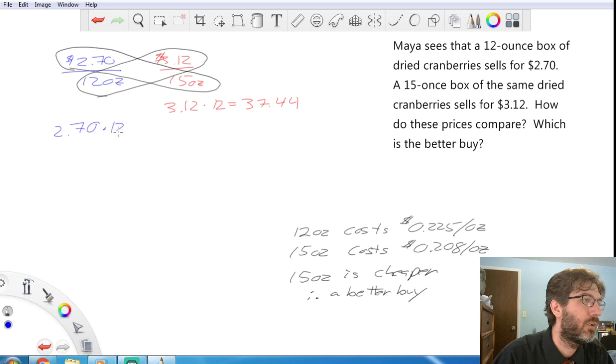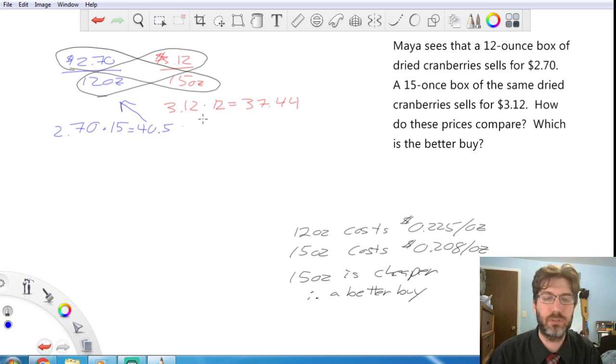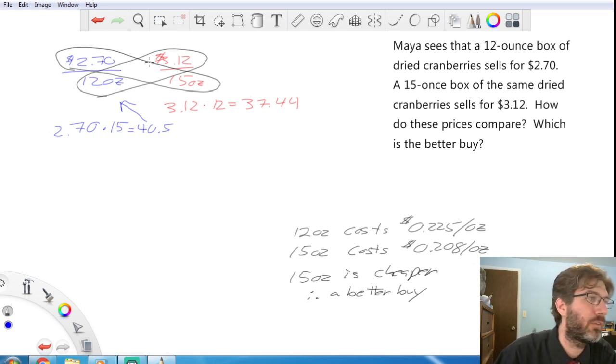That times 15 gives you 40.5. So even this one here is getting the larger number, which means it's more expensive. So in this case, you want the smaller one. So this one here is the better option because it is a smaller value than this one.